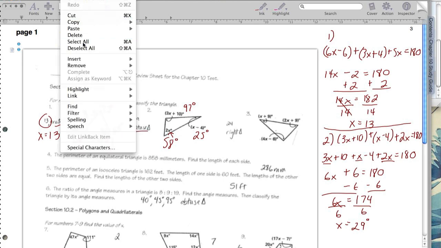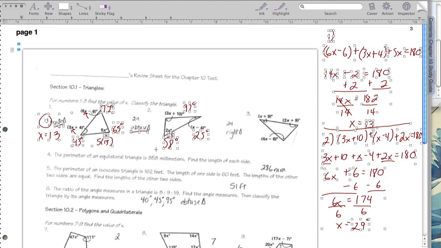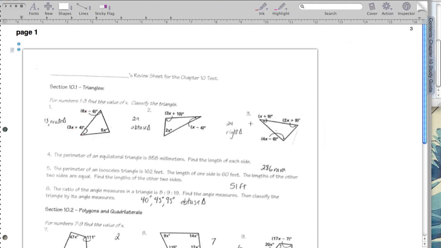Okay? All right. I'm going to erase all that because I'm running out of room to do number 3 and continue on. Number 3 then, same concept. Okay, I'm going to do x plus 9 plus 2x plus 9 plus 4x minus 6. Ooh, whoopsies. I'll just squeeze that in down there. Equals 180.